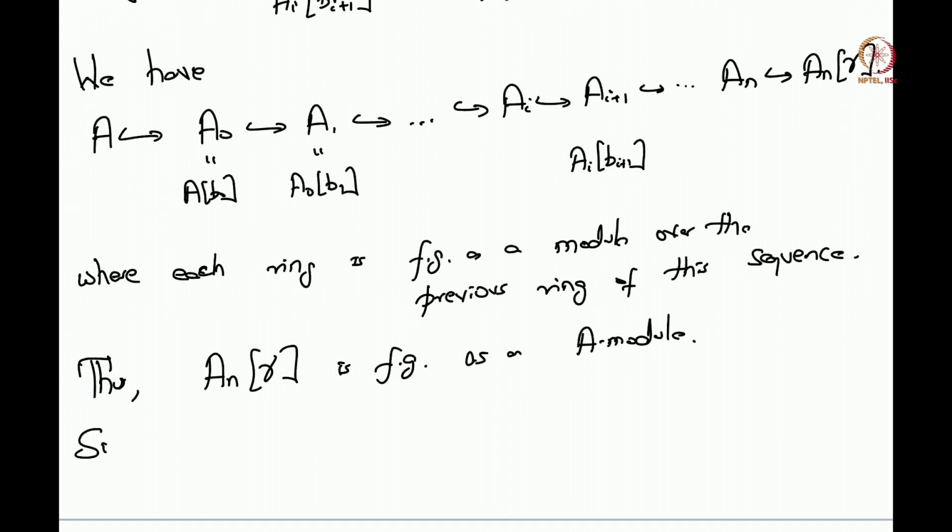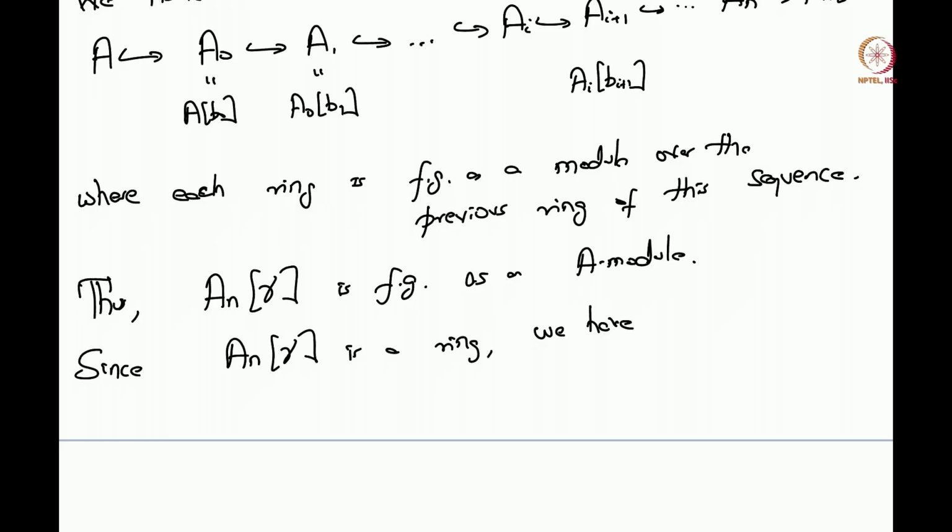And once again, since A_n adjoin gamma is a ring, we have that gamma times A_n adjoin gamma still sits inside A_n adjoin gamma.